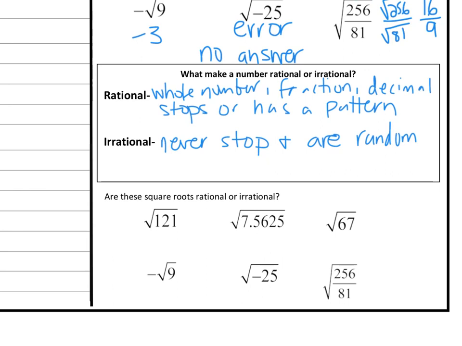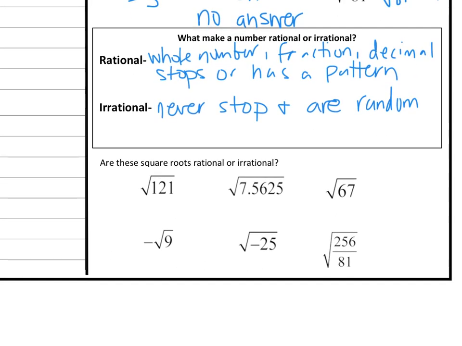So now it's asking us the same numbers we got above. Were they rational or irrational? So we said this one was 11, a whole number, rational. This one was 2.75, a decimal that stopped, rational. This one was 8.185..., went on forever and had no pattern, irrational.